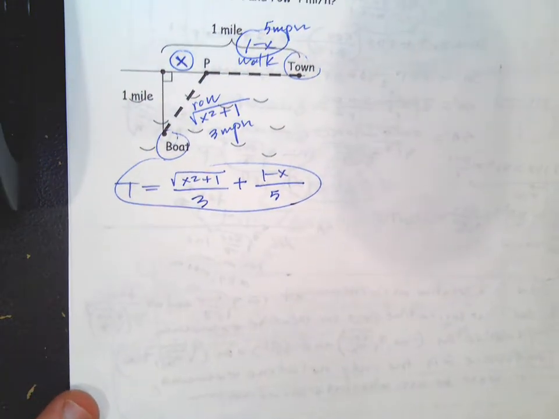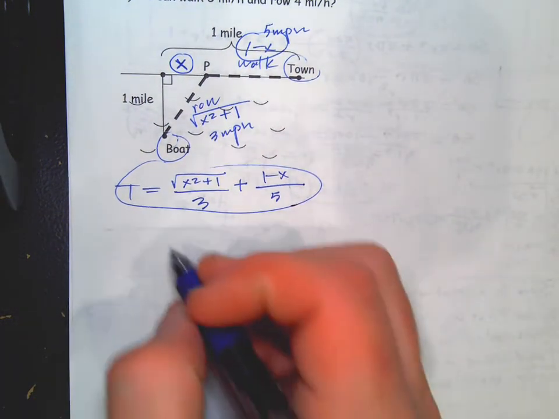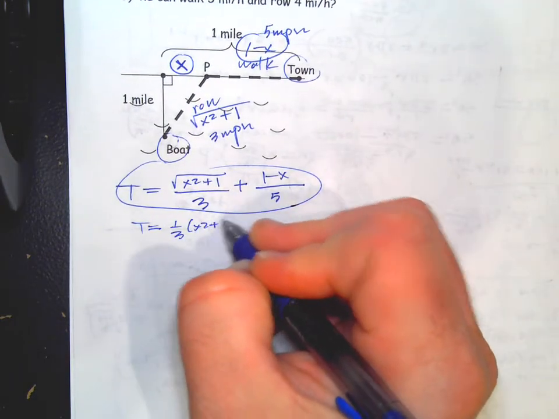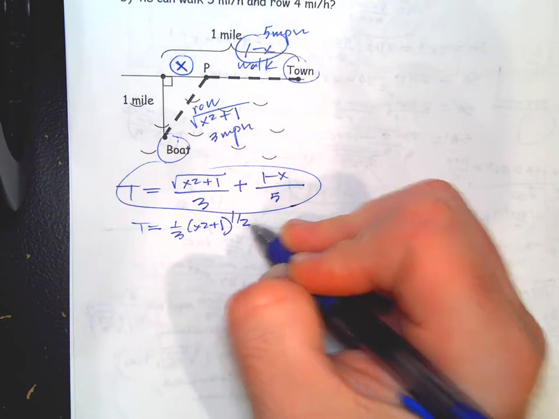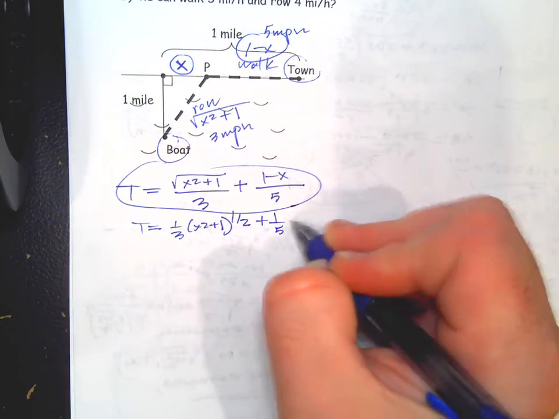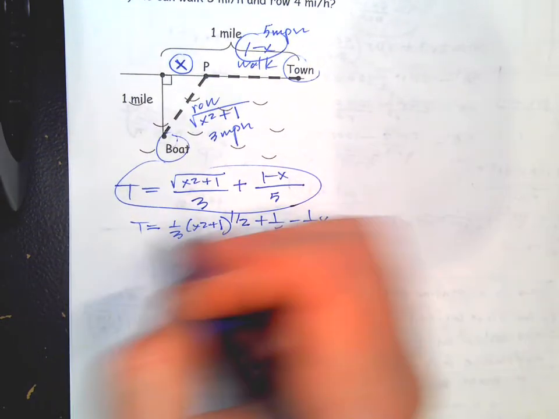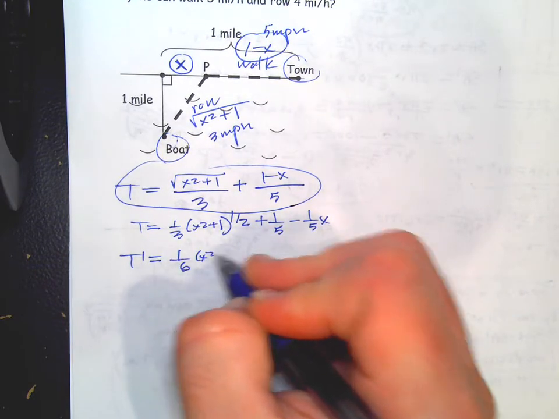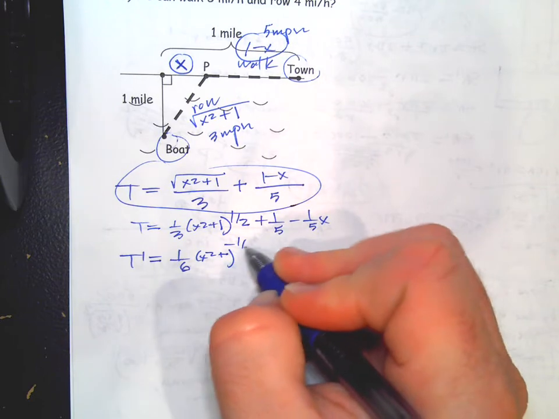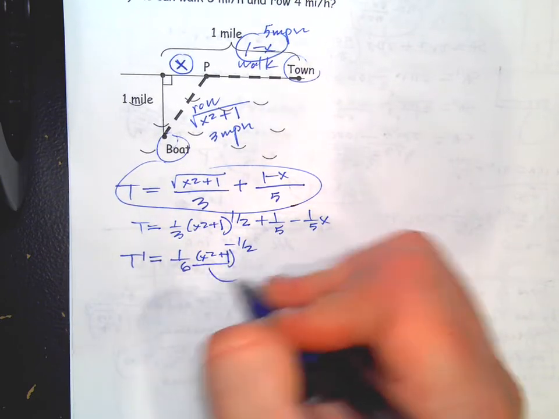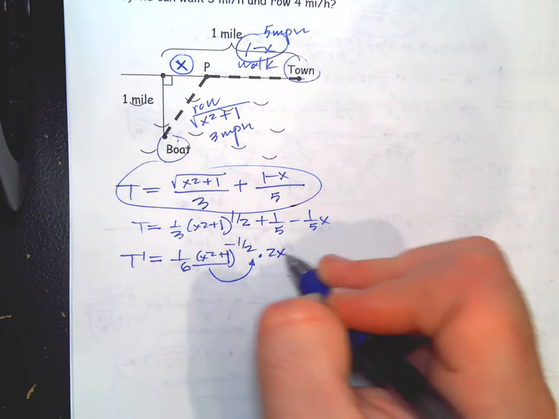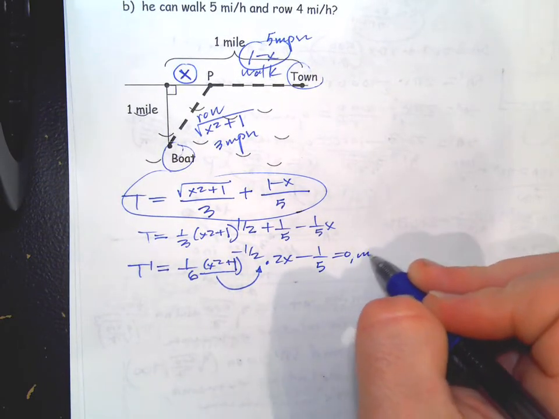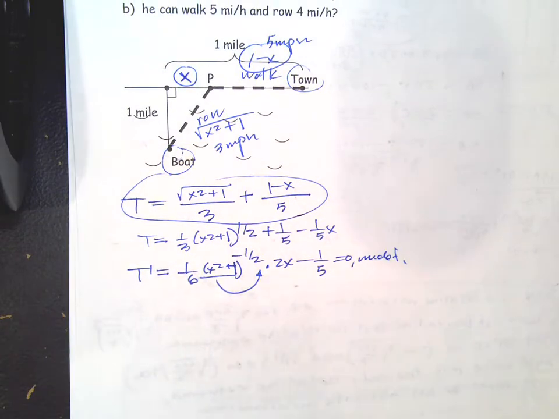You might want to write it in a way that's easier to work with, the same thing as 1/3 (x squared plus 1) to the 1/2 plus 1/5 minus 1/5 x. So t prime is going to be 1/3 times 1/2 (x squared plus 1) to the negative 1/2 times derivative of what's inside, 2x. Derivative of 1/5 is 0, minus 1/5. So this is what we need to set equal to 0 or undefined to find the answers.